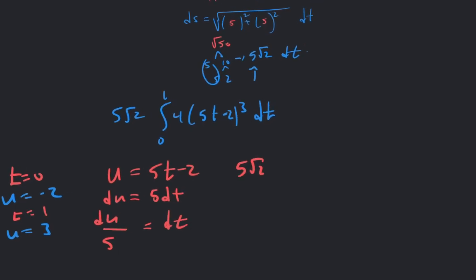So now we have 5 root 2 times the integral from negative 2 to 3, and that looks familiar because it looks like one of the points we have. So 5 root 2, negative 2 to 3, 4, and then u cubed du divided by 5, and then cancel those out.